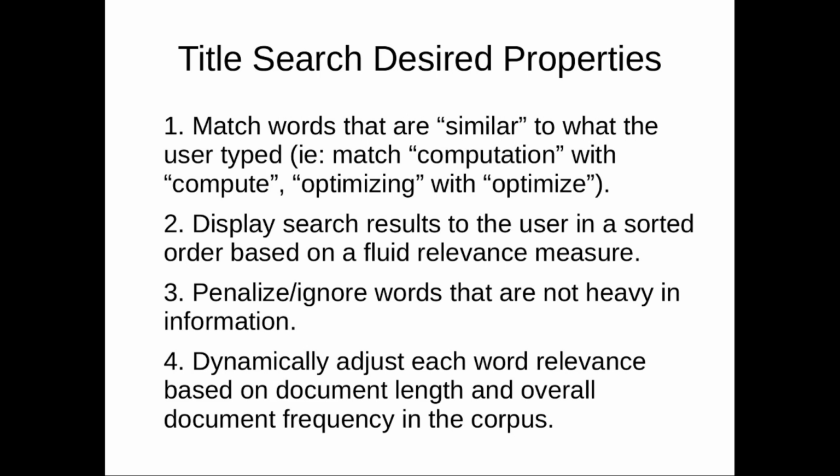Well, first imagine that you have two documents, one with a very short title, one with a very long title, and they both contain the words that the user searched for. The short title document, well, clearly the relevant words have a much higher proportion compared to the entire title. So you can consider the shorter document as being more targeted towards what the user wants.